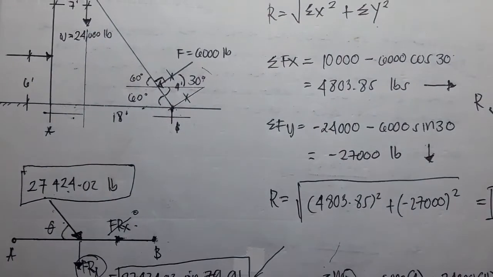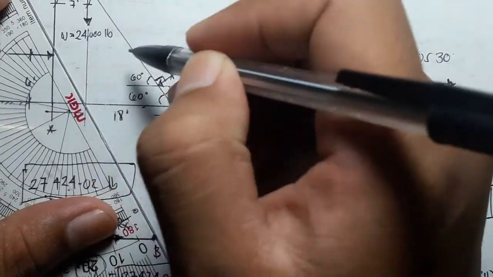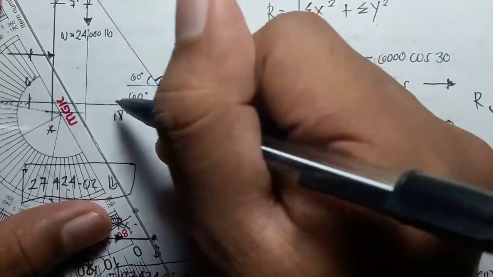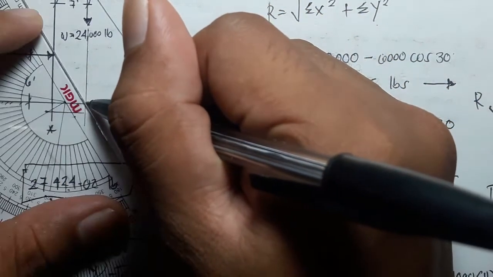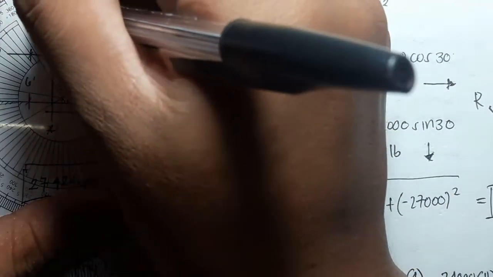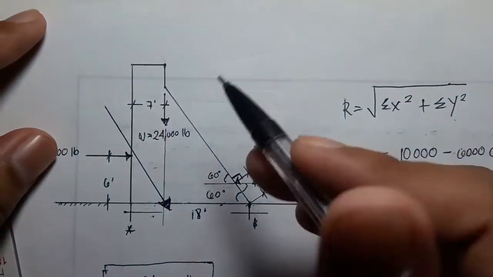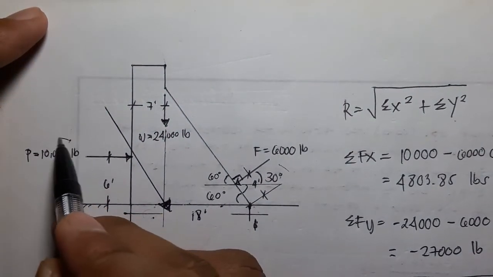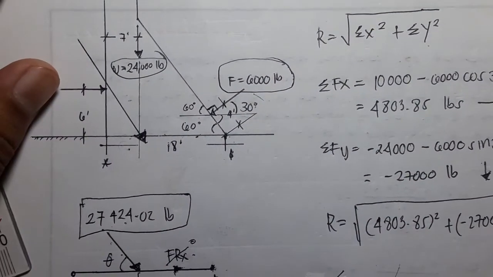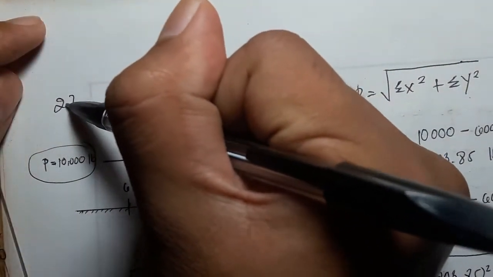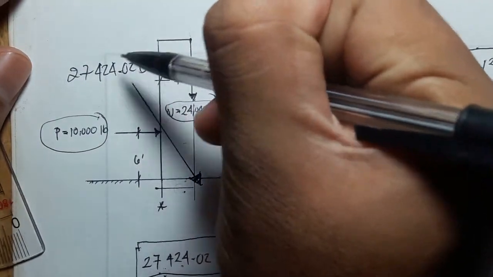So our resultant is somewhere maybe here. This is the resultant of these three forces, the 27,424.02 pounds.